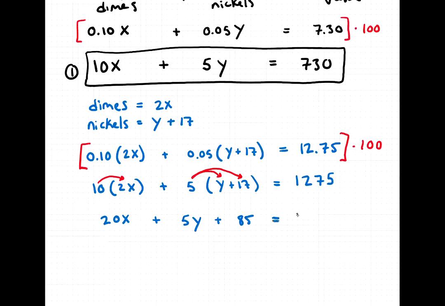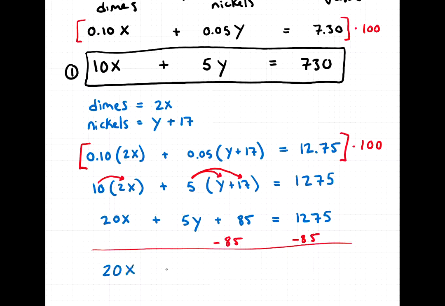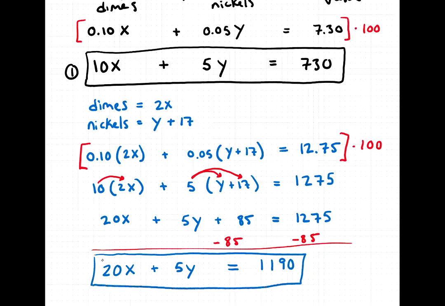And we still have the equal 1,275. And we could subtract 85 from both sides of this equation. And so we could have this now in nice standard simplified form: 20 times x plus 5 times y is equal to 1,190. Okay, so now we have our second equation.